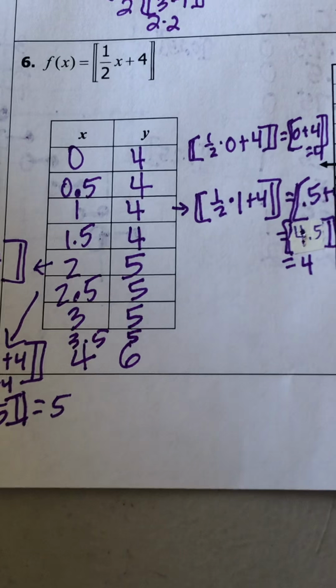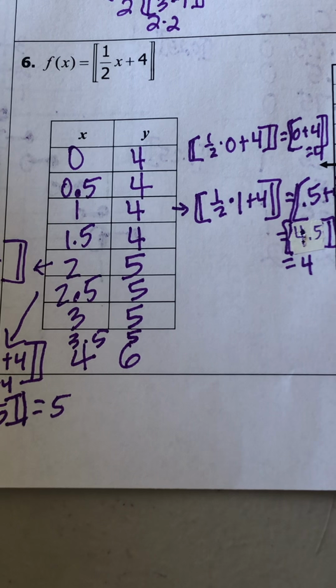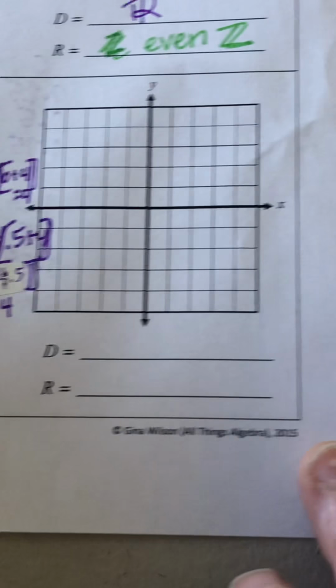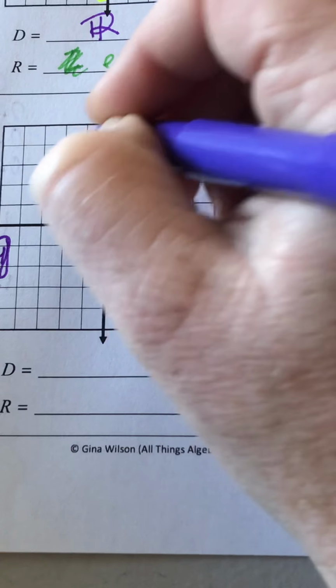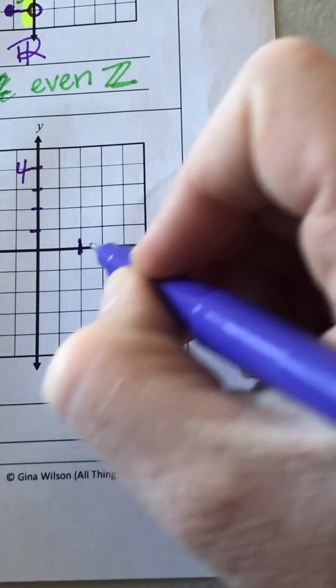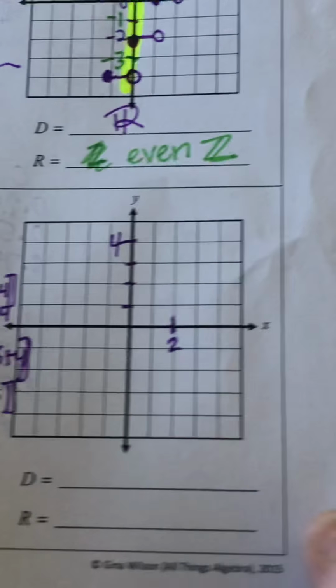Okay? So this is changing every other integer, which means from 0 to 2, it's going to be 4. So this just kind of makes our steps a little longer.